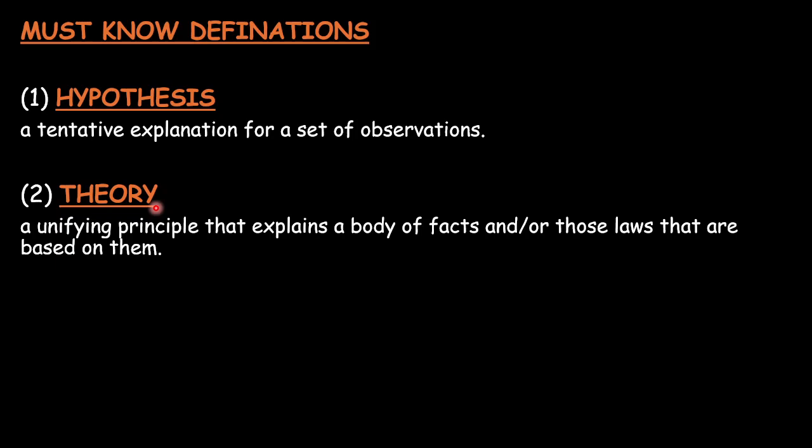Okay, and a theory is a unifying principle that explains a body of facts. I'll end the definition there. It's a fact that, for example, when you hold anything above the ground and you let it go without any support, that object is going to fall to the ground.